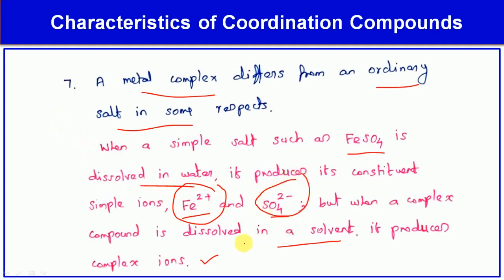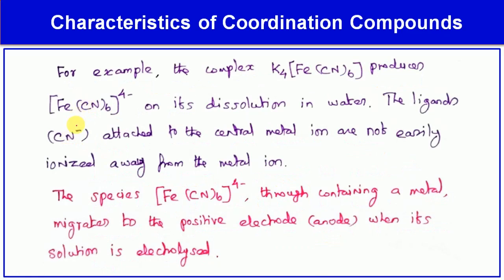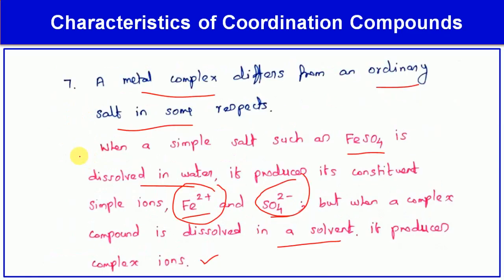But when a complex compound is dissolved in a solvent, it produces complex ions. This is the seventh point. Here, the simple salt FeSO4 dissolved in water produces simple ions, but a complex compound dissolved in a solvent produces complex ions.